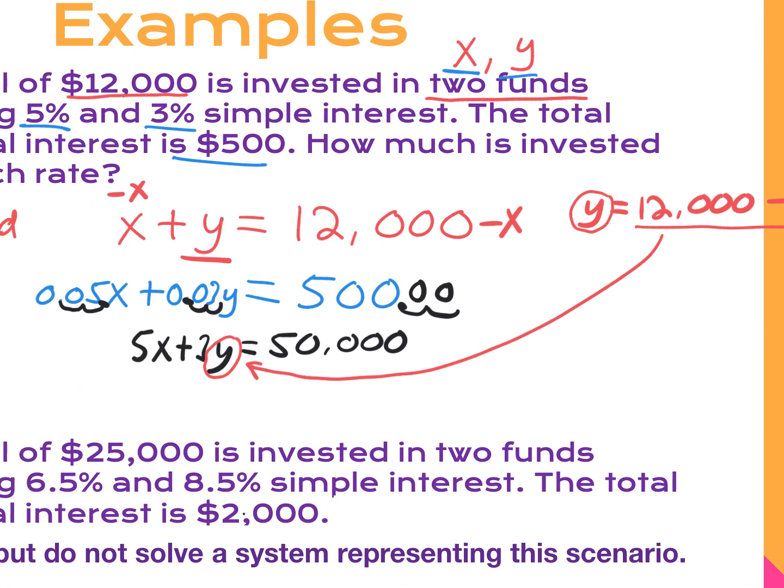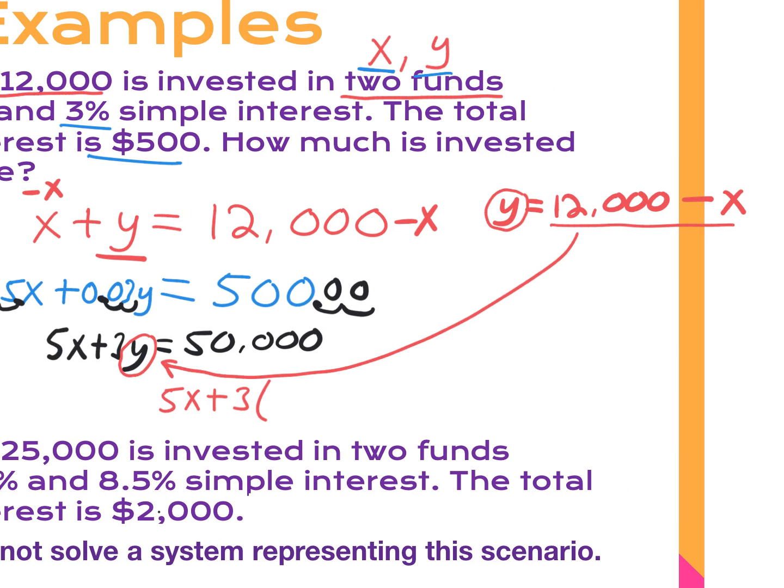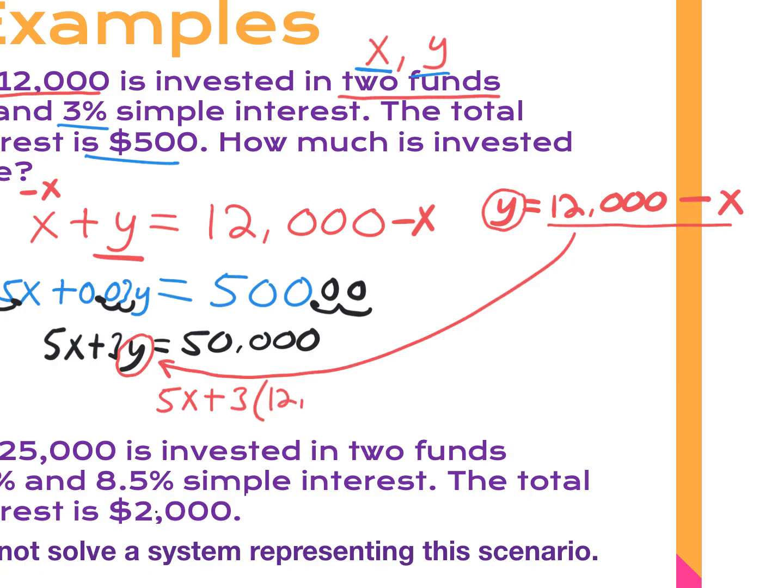And then you're solving that equation. So this is going to be 5x plus 3 times, instead of y, it's going to be 12,000 minus x, equals 50,000. And then you're just going to distribute the 3 and solve for x.